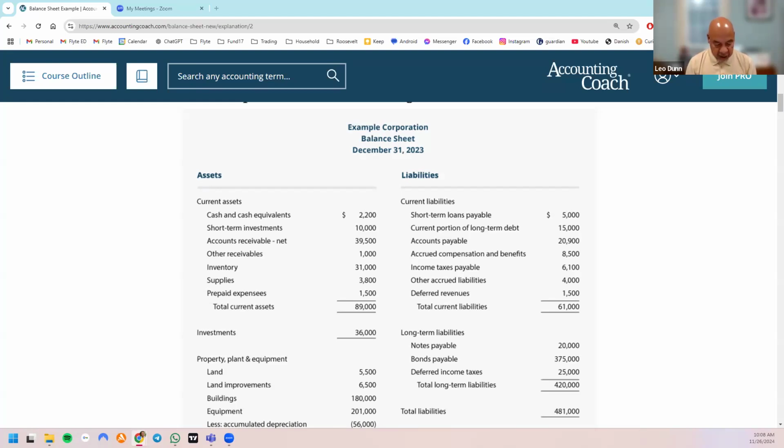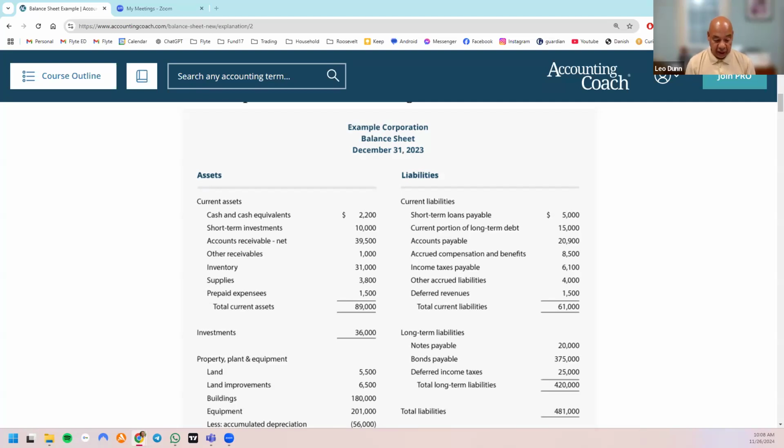The next item is other receivables. That could be something such as an employee loan. If you loaned an employee $1,000 in this case, with the expectation that that employee pays you back, then that would be considered an asset to you, and it would be considered an other receivable.